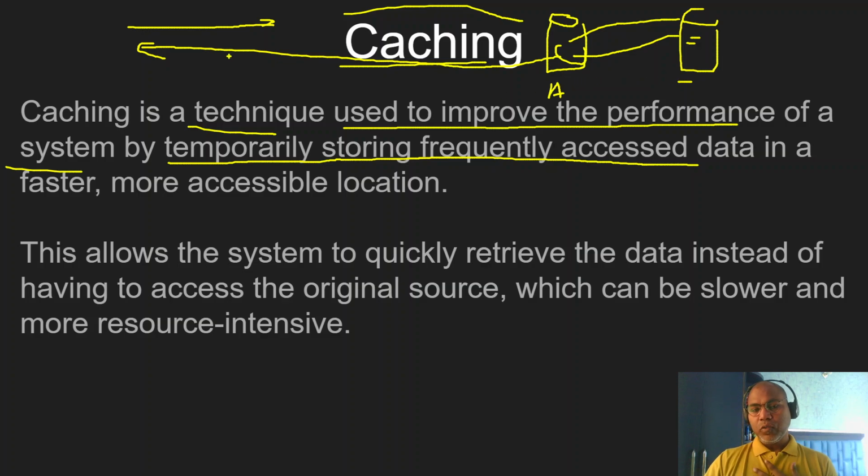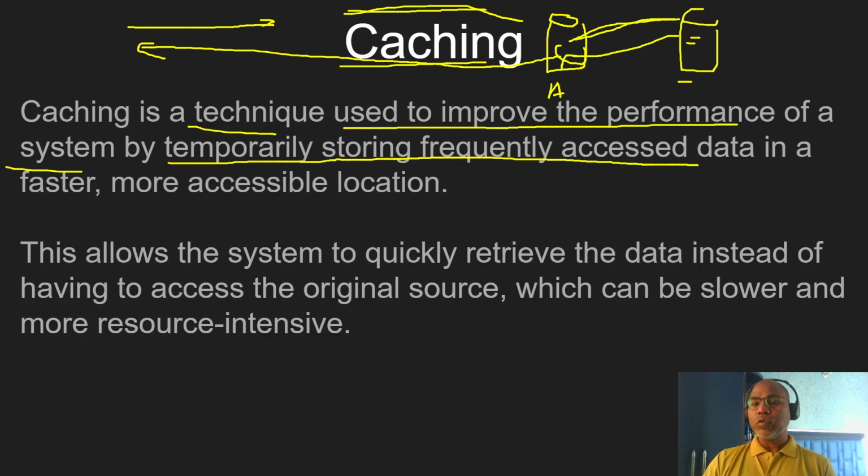Generally, if I ask for my profile today, and after 5 minutes I ask again, hey, system, can you give me my profile again? Generally my profile has not changed. So for data that does not change frequently and that users request multiple times, why should we go to the database every time?